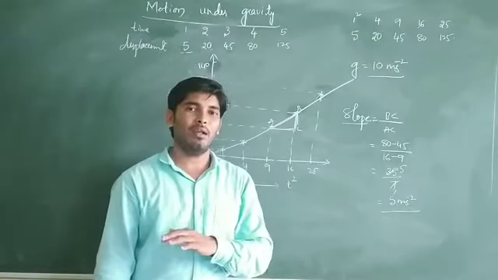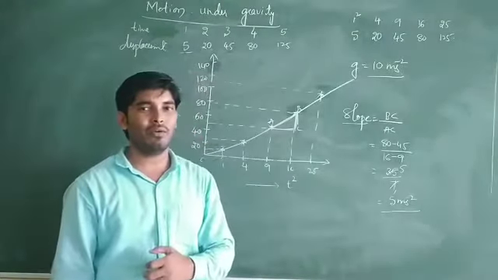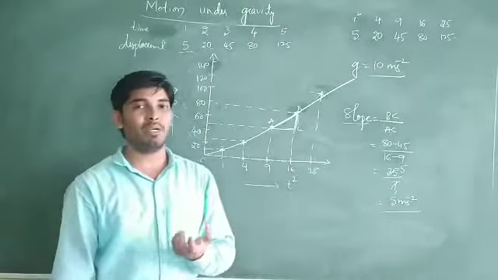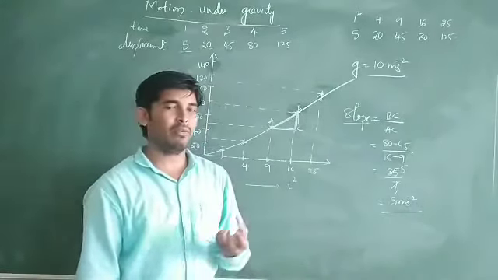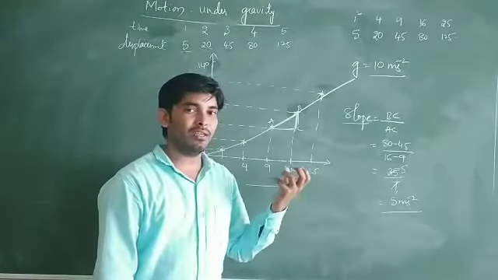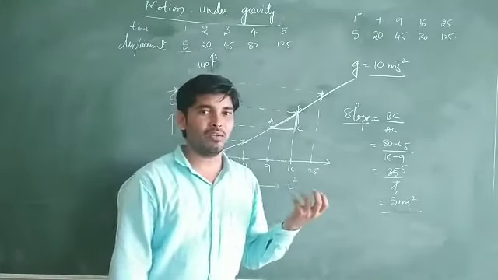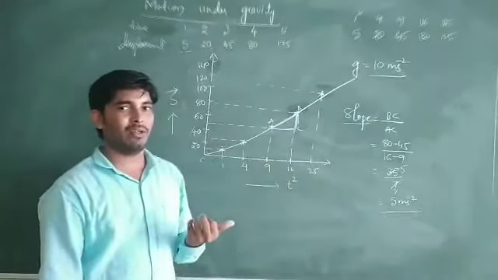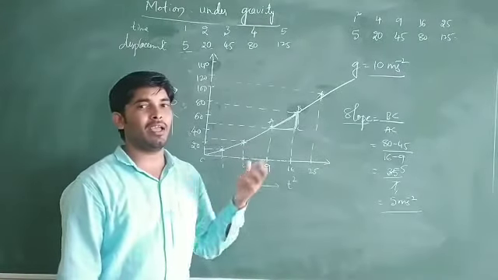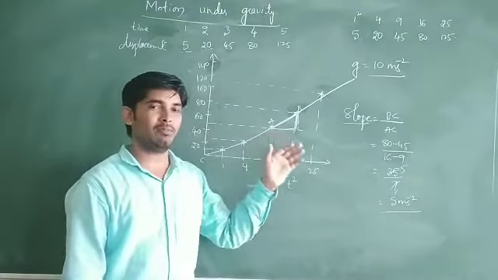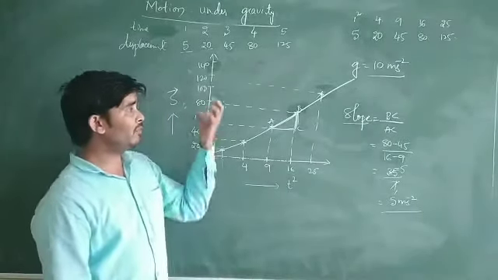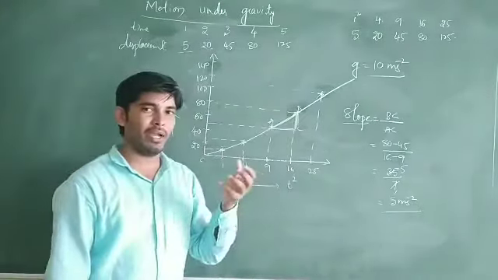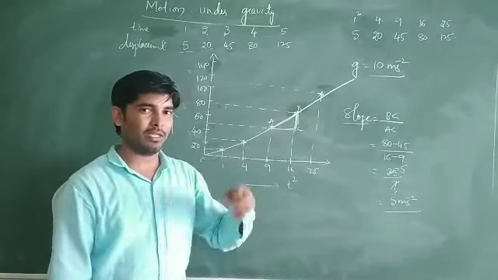After that, from the velocity time graph we can plot the displacement time graph. To plot the displacement time graph, first we need to find the displacement, which is found by finding the area enclosed between the velocity time sketch and the time axis.